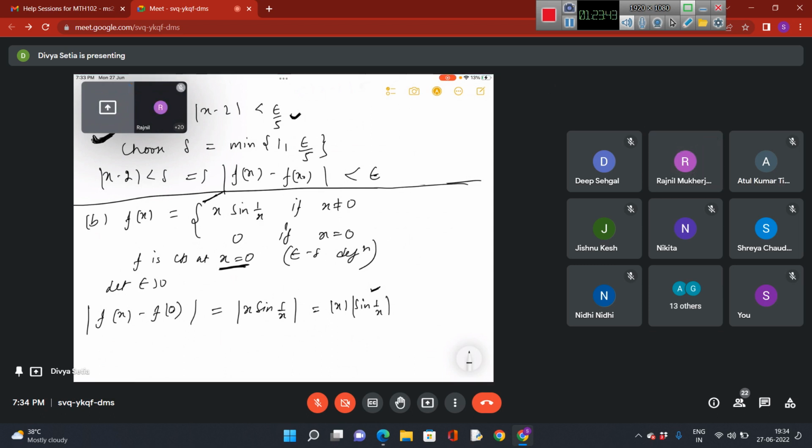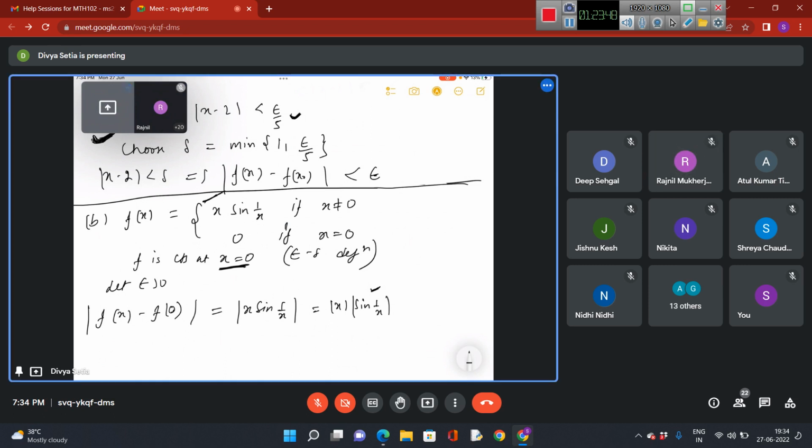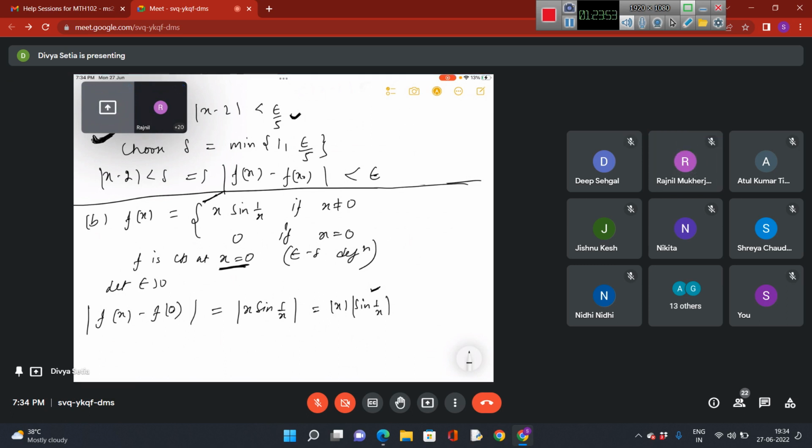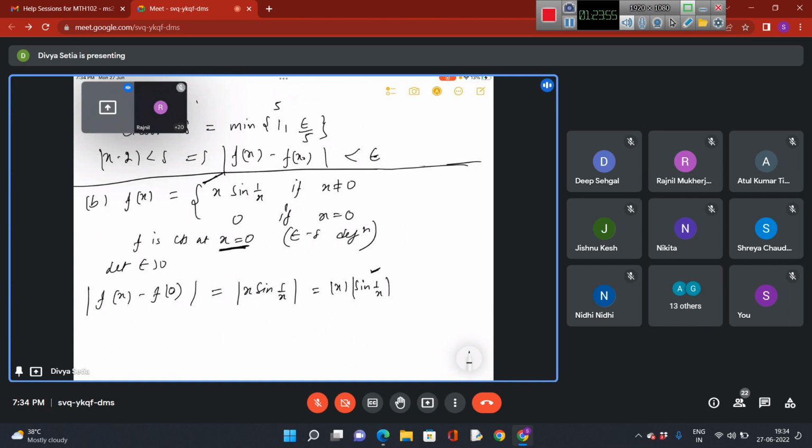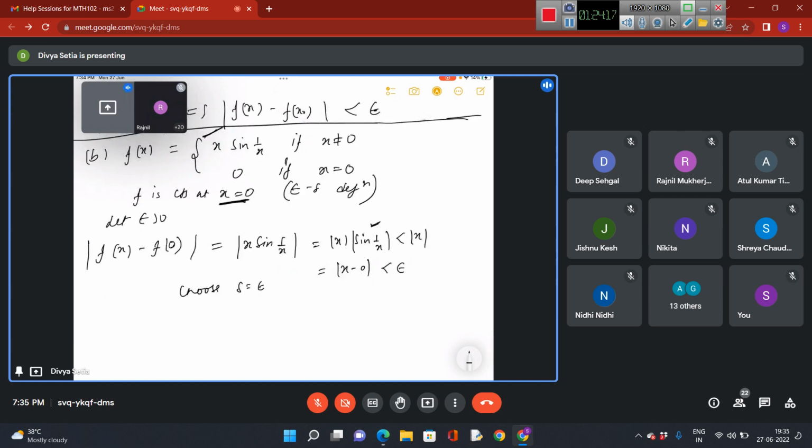Yes, their range of values. So it can be at most 1, right? So it is less than mod x, right? You got your mod of x minus 0, which is less than epsilon. So now choose your delta to be epsilon. No special technique was required in this question.